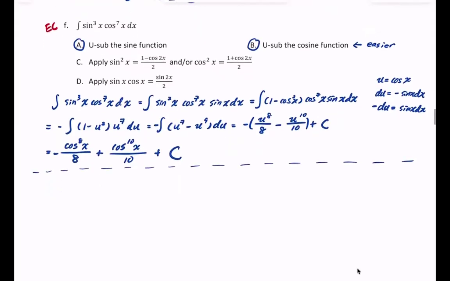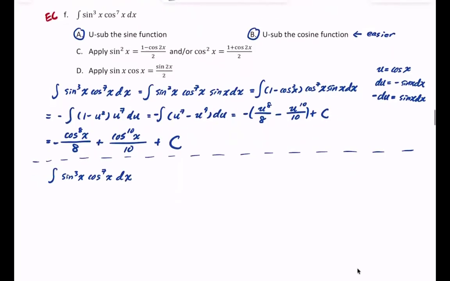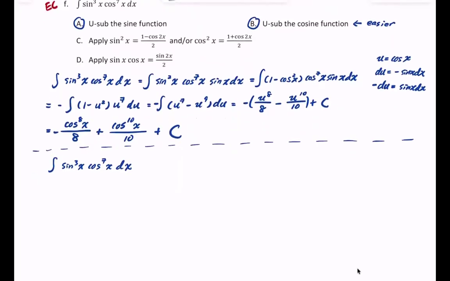Now let's try out what if we want to use sine, just so you can see both ways. If you want to use sine, same strategy, but the other way around: you keep all the sines.